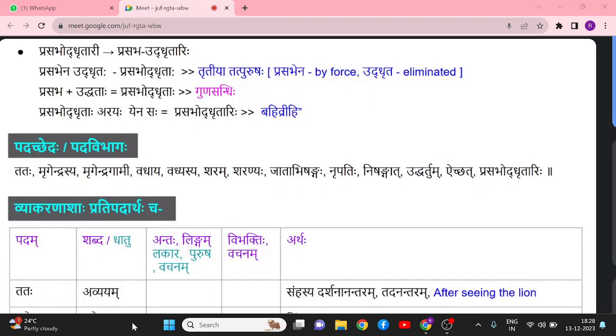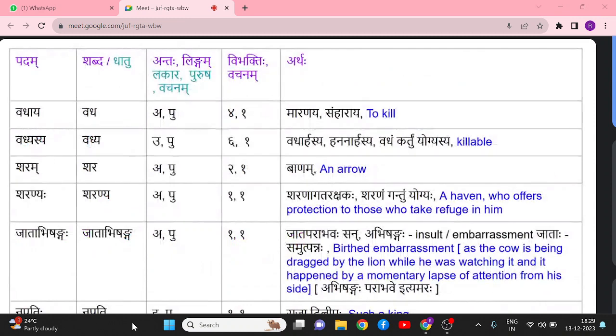So mrugendrasya, simhasya, of the lord of animals, the lion. Mrugendragamin shabda, mrugendragami, simhagami, the one who has the lion's gait, stride or walking style. Simha iva yah gacchati sah. They are talking about Dilipa, who is as majestic as a lion.